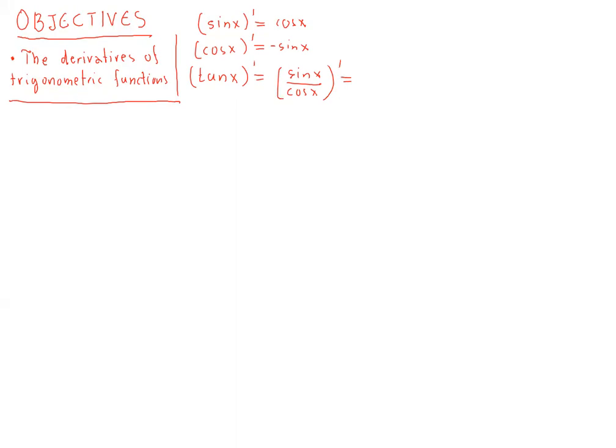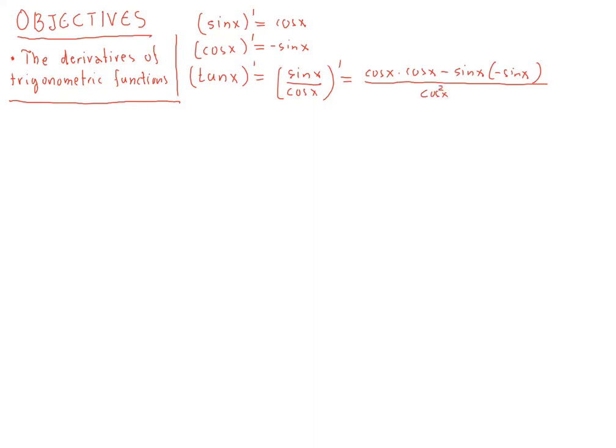And this will give us the derivative of sine, which is cosine, times cosine. So the derivative of the numerator times the denominator minus the numerator times the derivative of the denominator, which is negative sine, divided by the denominator square.